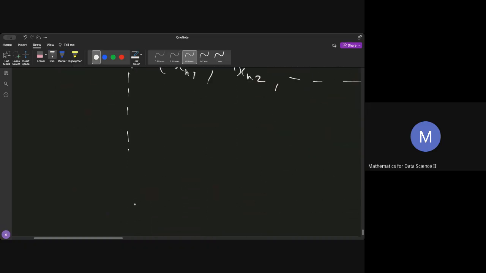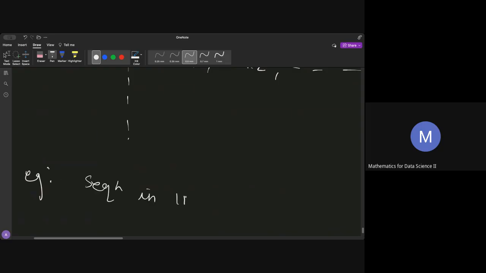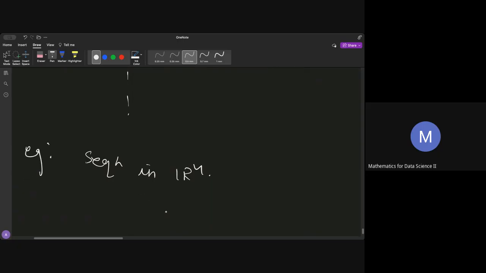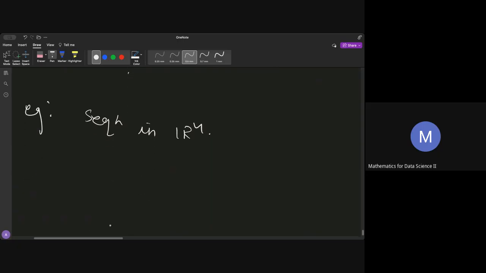Let's take an example: a sequence in R4. A sequence in R4 can look like (1/n, 1/n², 1/sin n, 1/cos n).